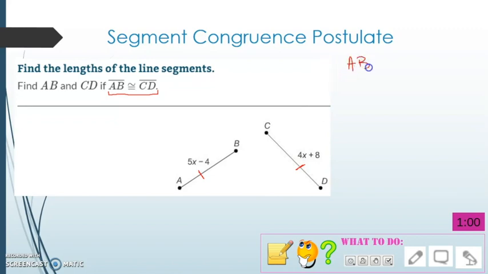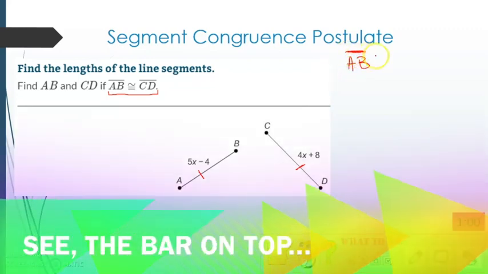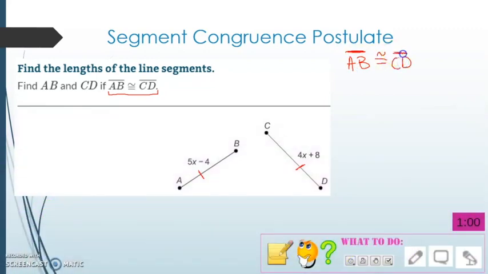So since AB, the actual segment itself, the bar on top means we're talking about the segment, is congruent to CD, that means that the length of AB, we denote that with just the endpoints, is going to be equal to the length of CD. So the bars mean it is the segment. No bar means it's the length of the segment. So now we can plug in the length of the segment. The length of AB is 5x minus 4, and the length of CD is 4x plus 8.